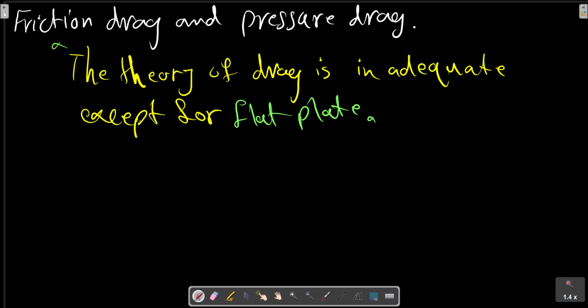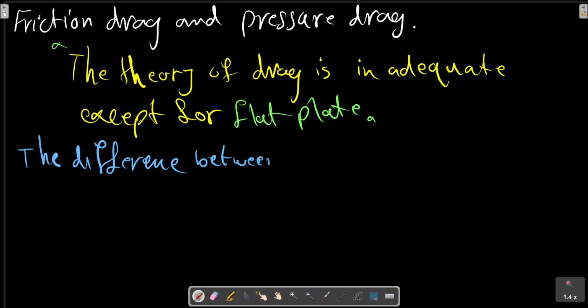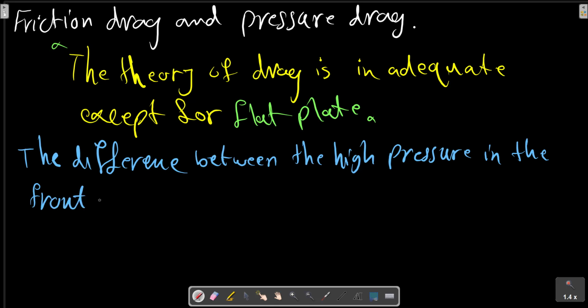Let me write the pressure difference between the high pressure in the front stagnation region and the low pressure in the rear separated region.